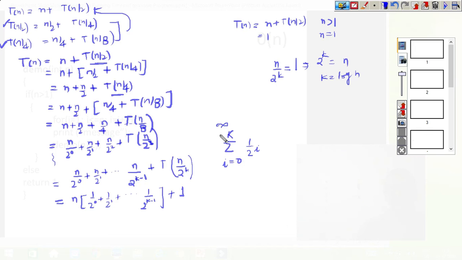And when you expand this series, you can see that the value of each term is going to reduce as you move to infinity. And this is given as approximately 1. So I am going to replace this entire thing with 1. So what I will get here, I will get n(1) + 1. So this is nothing but big O of n. So this is the answer for this evaluation.